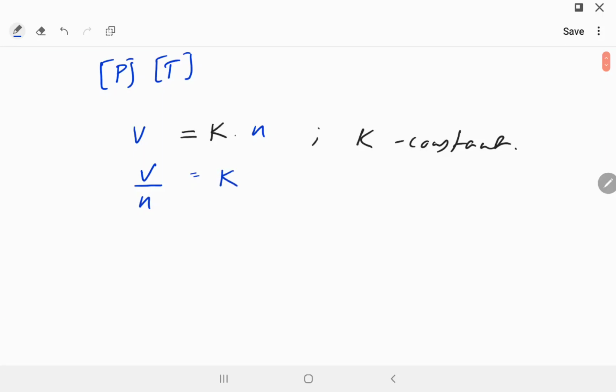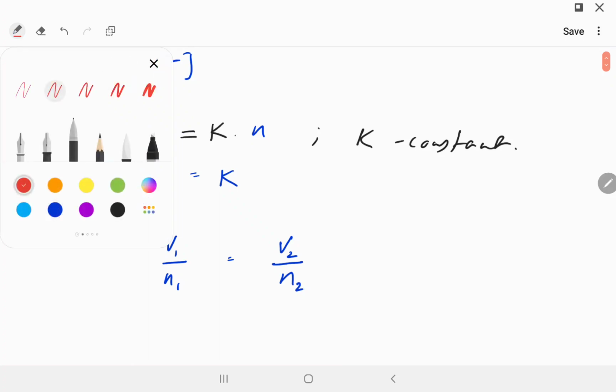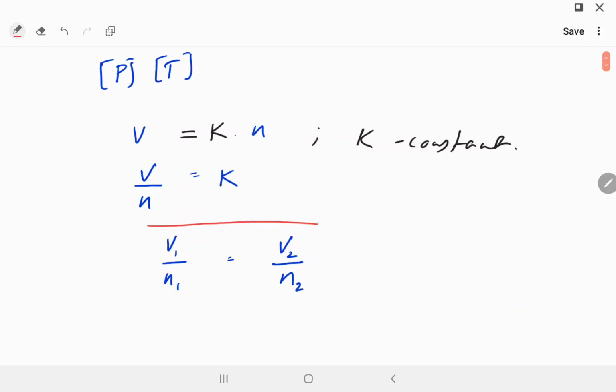Just like the previous three gas laws, we get the ratio between the volume and the amount of a gas constant at constant pressure and temperature. So we can rewrite this relationship in an equation format for two different situations, such as V1/N1 equals V2/N2. This right here is the equation for Avogadro's law.